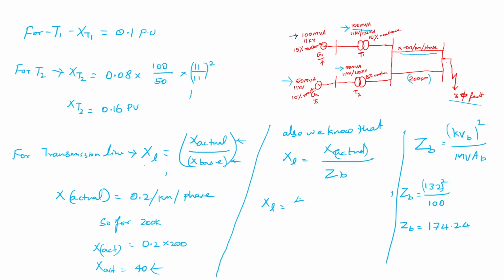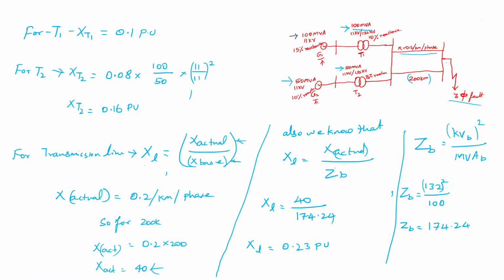It is 40 divided by ZB. What is ZB value? 174. Very good. So what is XL value? 0.229. Just check it. Okay, 0.2293, correct only. So 9 means we can convert 2 into 3, right? It is correct. Next, what is next step?